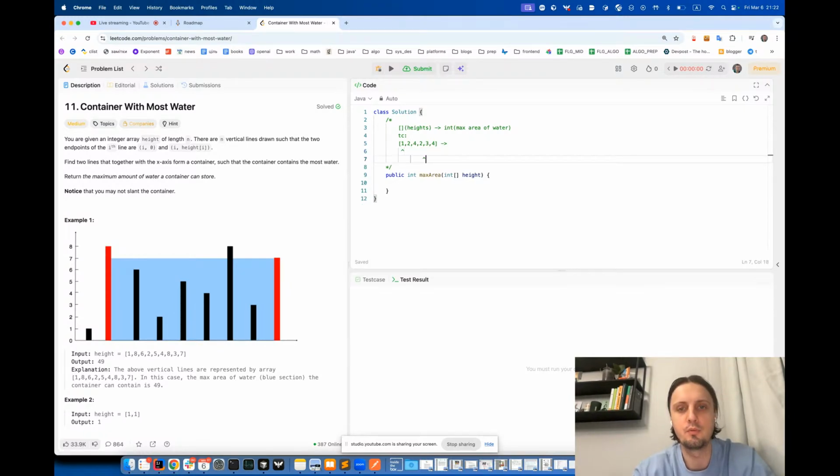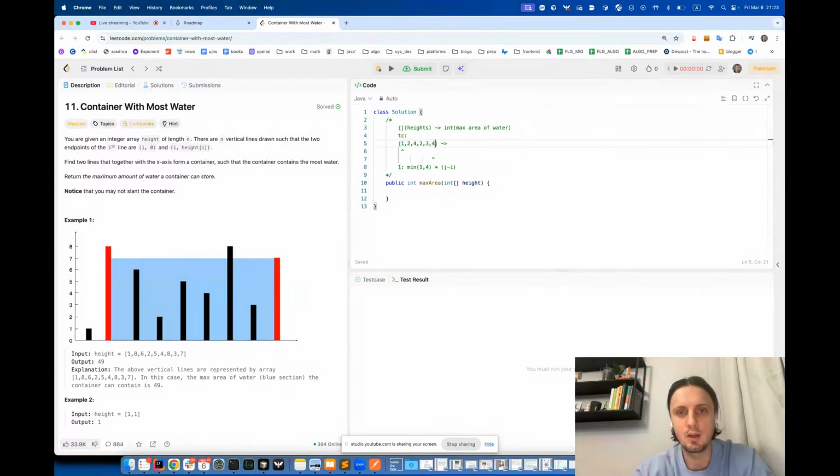If we put 2 pointers at the beginning and at the end, the first area is the minimum value between 1 and 4, multiplied by j minus i, where j is here and i is here.